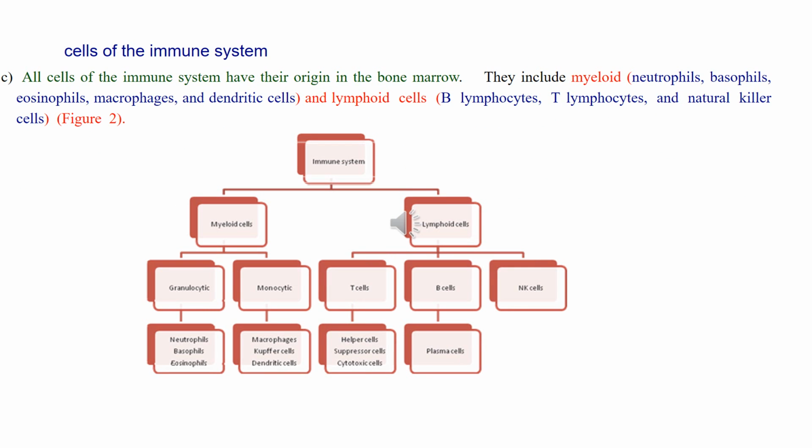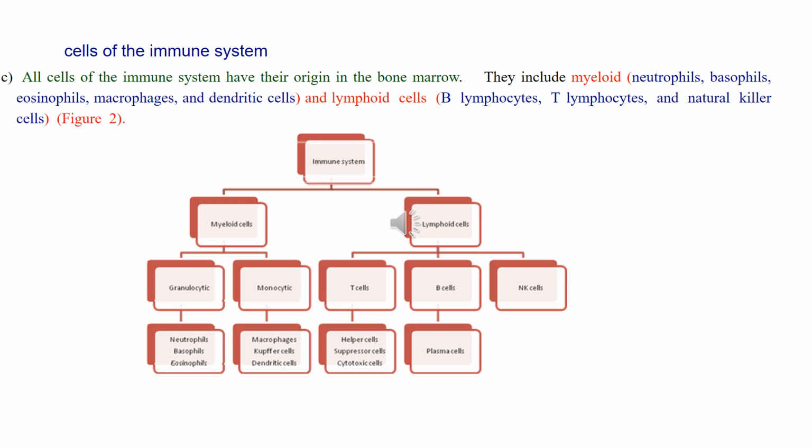Now we will talk about the cells that constitute the components of the immune system. All cells of the immune system have their origin in the bone marrow.